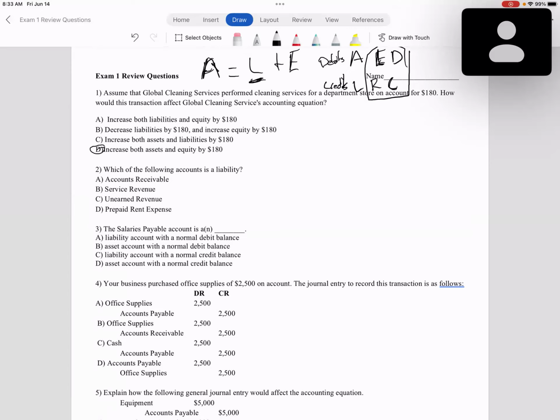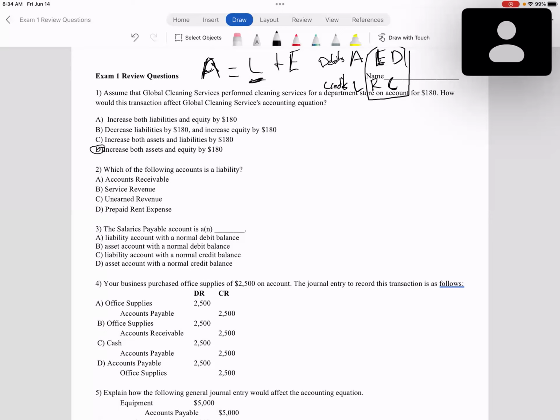Because we're doing the work. Instead, a liability would occur if someone pays us early and we haven't done the work yet, or if we borrow money from someone or some entity, or if we buy on account, right? So those are the things we're looking for.